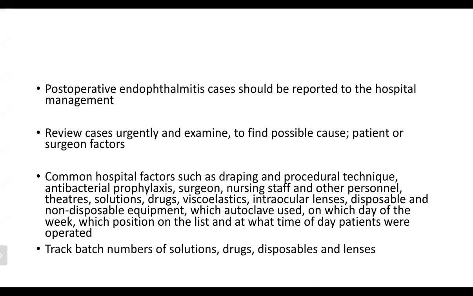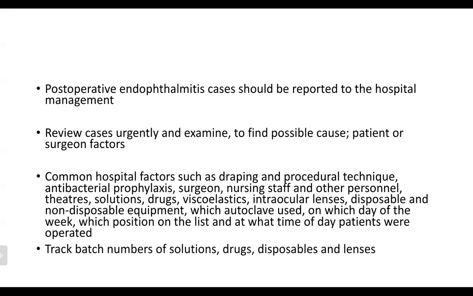Usually the team will re-examine the patient and find out if the patient had those pre-operative risk factors I mentioned, and maybe they weren't taken care of, or maybe the surgeon wasn't experienced, maybe there was a PC rent, vitreous loss, or prolonged surgery time, so this could be tackled.